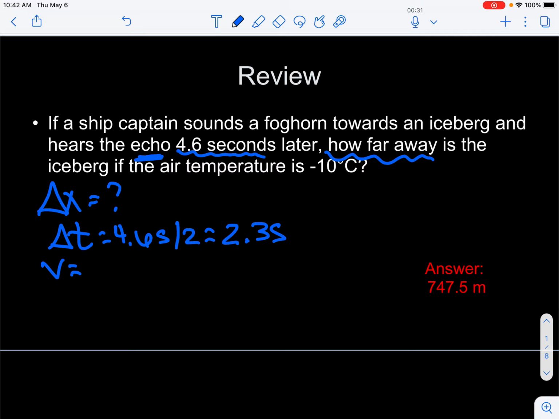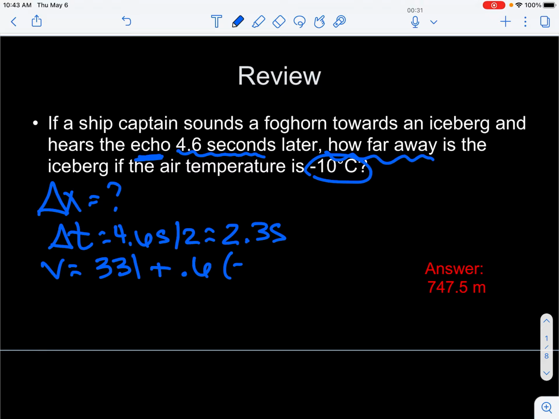Now we are given a new temperature of negative 10 degrees Celsius. So we have to remember that our sound waves are going to change speed in different temperatures. So let's recall our new equation. We have 331 meters per second, which is the velocity of a sound wave at 0 degrees Celsius, plus 0.6 times our degrees.